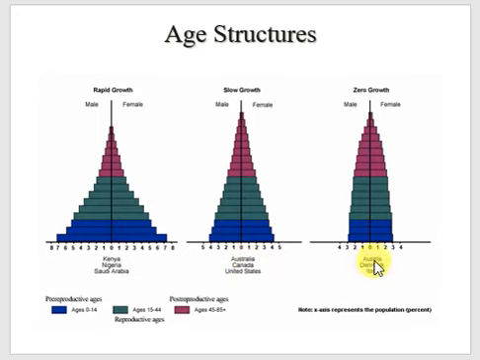This is more of a conical shape, where it's more rounded rather than pyramidal. This represents zero growth or declining growth, which you see in most developed nations.